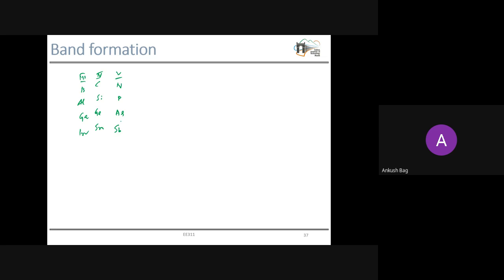So in case of doping, if we consider that previous bond model and once again try to draw it by replacing one particular silicon atom with, let's say, an arsenic atom, then you will have this kind of bonding. So here we have one free electron.